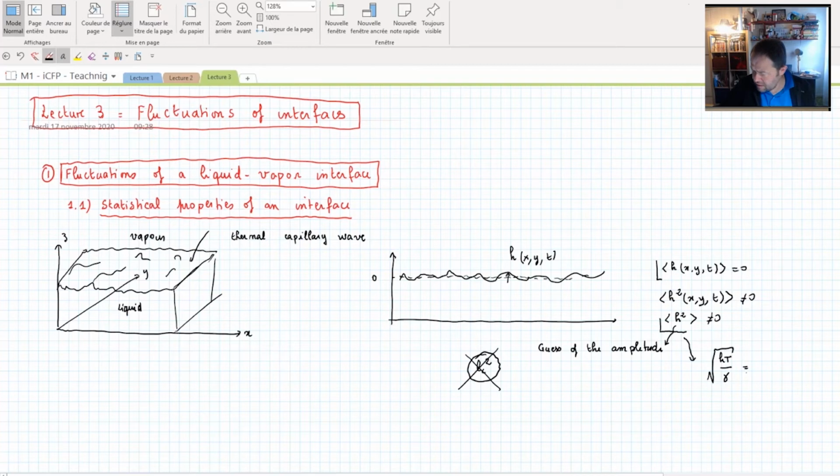And so this is for the square root of h square, the average amplitude of the fluctuation, a length scale. And how big is that?